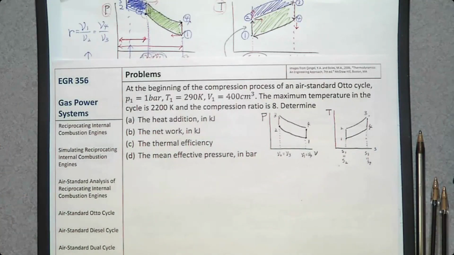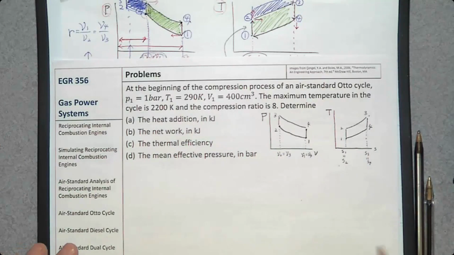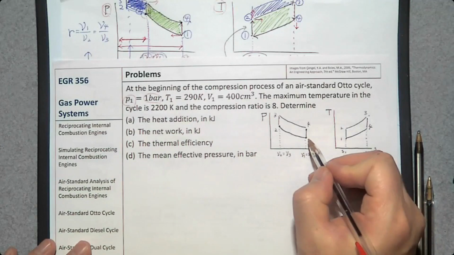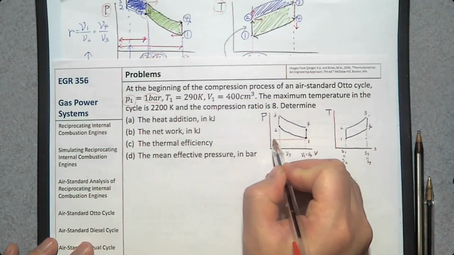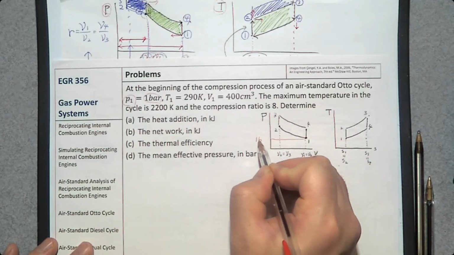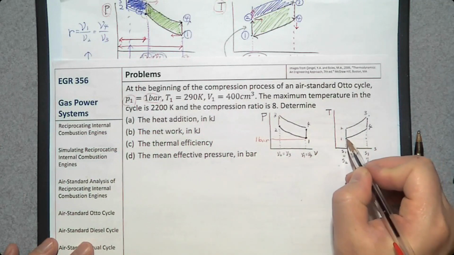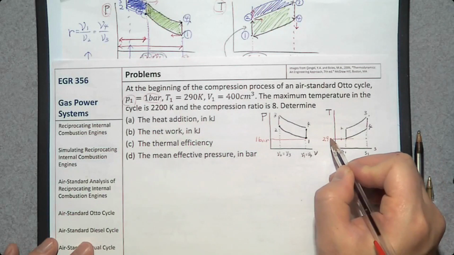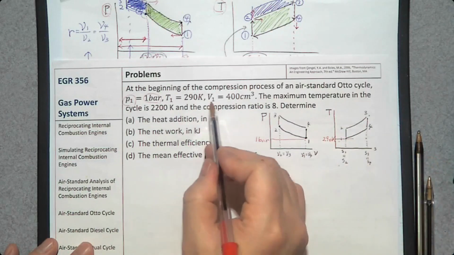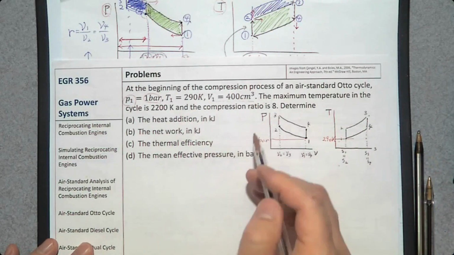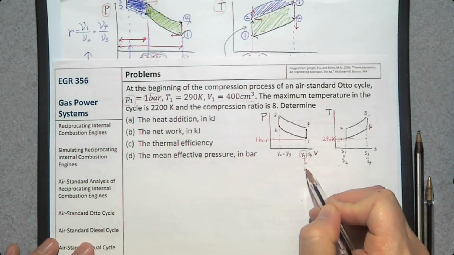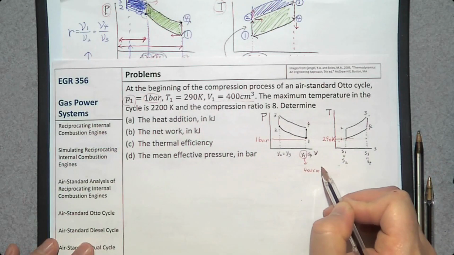Then what's next? Let's read the problem statement. P1 is 1 bar. T1 is 290 Kelvin. And V1 is 400 centimeter cube.